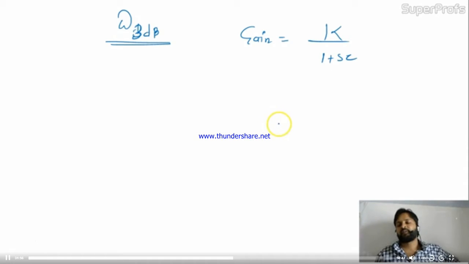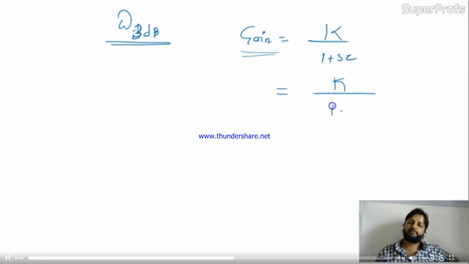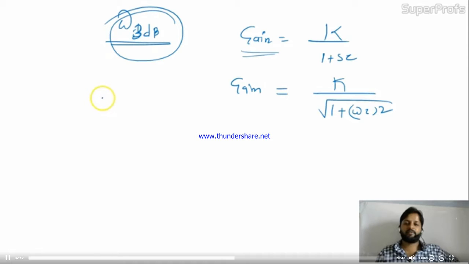What is the magnitude of this? It will be K divided by the square root of 1 plus omega tau square. This is gain. Now the omega 3 dB frequency is the frequency where the gain becomes K by root 2.